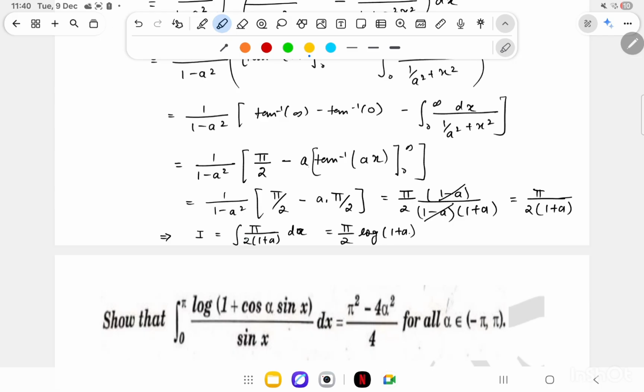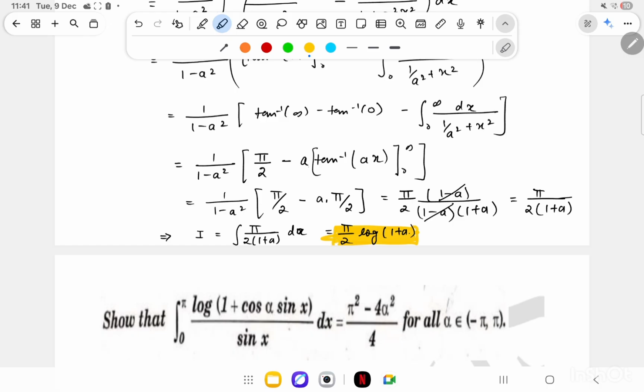That's what we'll get after integrating the given term. This is the final answer.